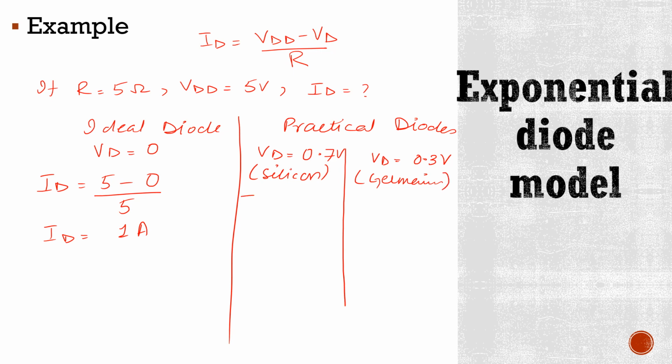So here diode current will be 5 minus 0.7 divided by 5, which is equal to 0.86 amperes, and here ID will be 5 minus 0.3 divided by 5, which will give us 0.94 amperes. So this is how you are going to find diode current using the KVL equation.